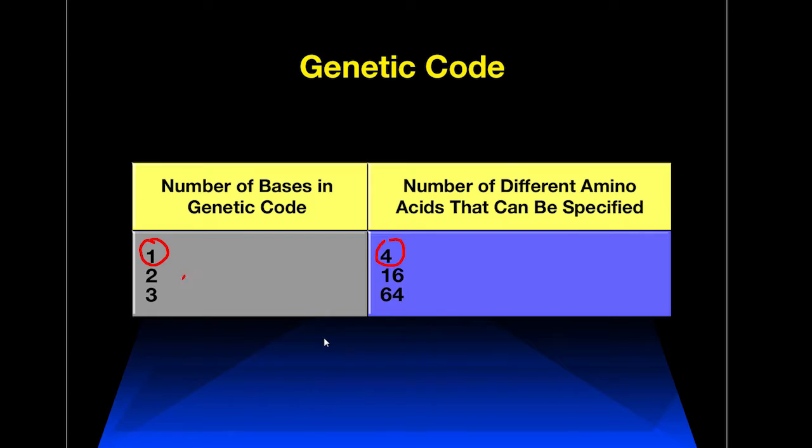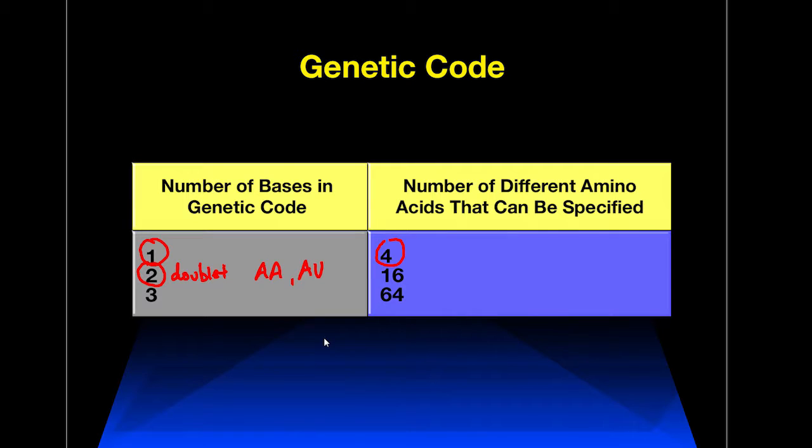A doublet code, which I'll write here, would mean that a pair of nucleotides would act as a unit in specifying one amino acid. So for example, AA would be one doublet, which would mean something. AU might be another doublet that would mean something.